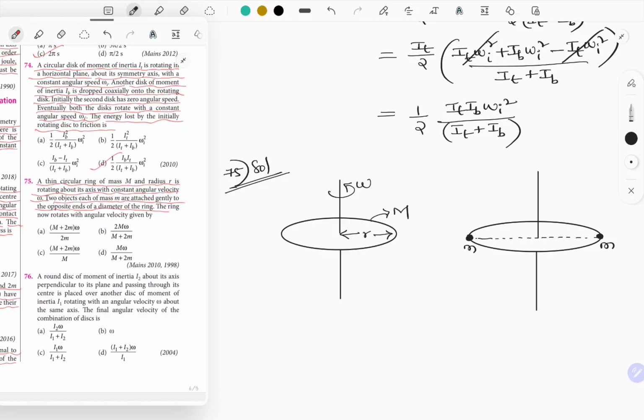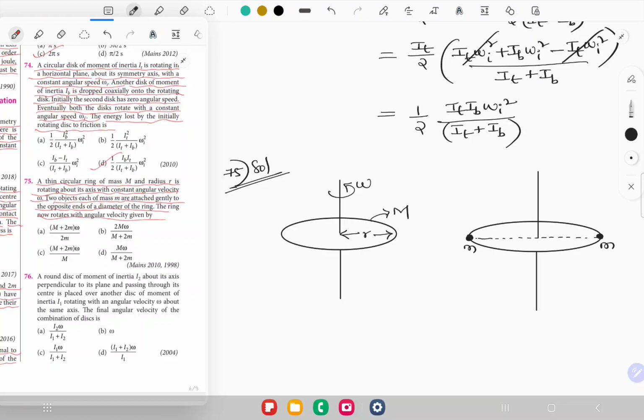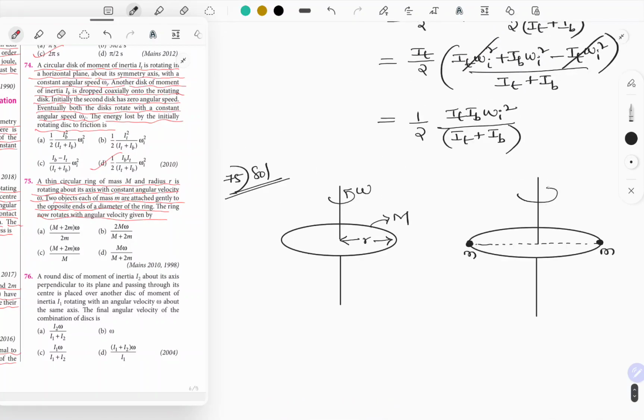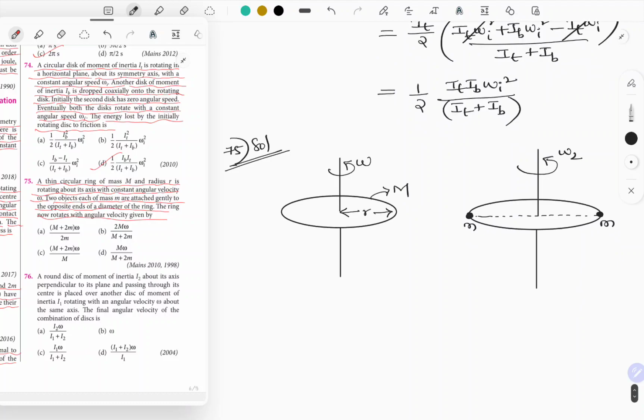Okay, now what's the question they are asking? The ring now rotates with an angular velocity. They said these two masses are placed gently. Let's say this is omega 2. Now, what happens to moment of inertia of this complete system increases, right? This is placed gently, so external torque is equal to 0, angular momentum is constant.